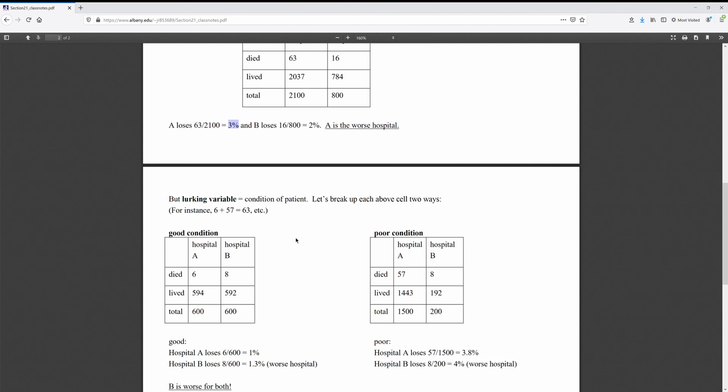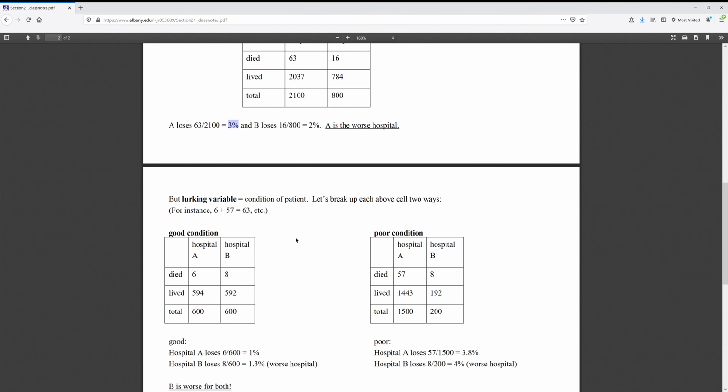Now, lest you think that this is all pretty clear-cut, who knows what could happen if we broke it up with another lurking variable and looked at it again. These kinds of trends can reverse not once but several times depending on how you amalgamate data. And this is another way that you can lie with statistics. You simply amalgamate categories until they say what you want them to say.